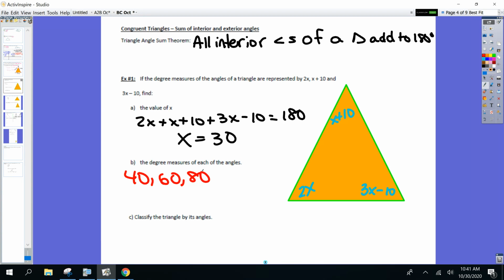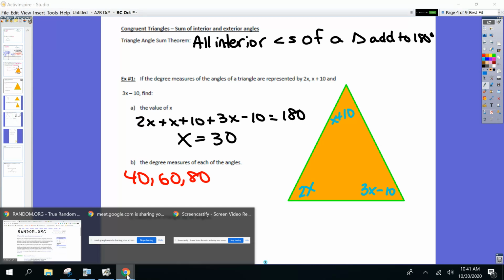All right, now, maybe a little bit tricky for some of you. Part C, what type of triangle is this, based on its angles, not its sides, so I shouldn't hear isosceles, scalene, or equilateral. If you look back at day one notes, all the different types of triangles based on their angles, 40, 60, 80, I would put into what category?